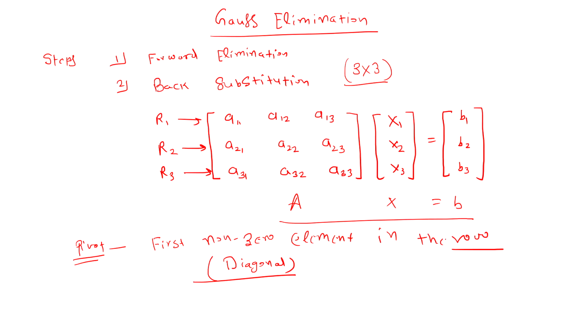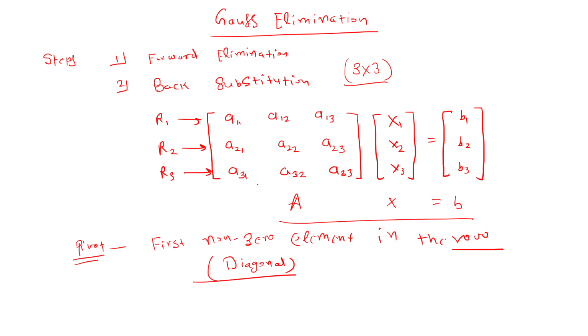Essentially here we are trying to convert this matrix into an upper triangular matrix. We can also convert this matrix into a lower triangular matrix, but here we will go with the upper triangular matrix.